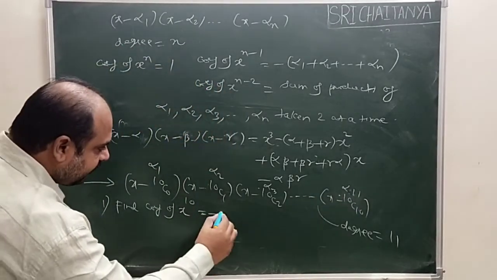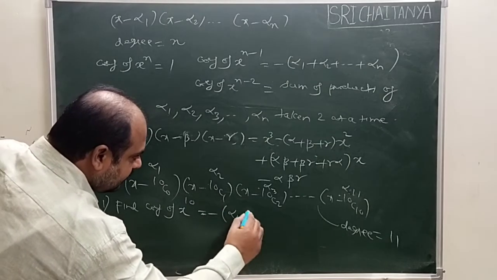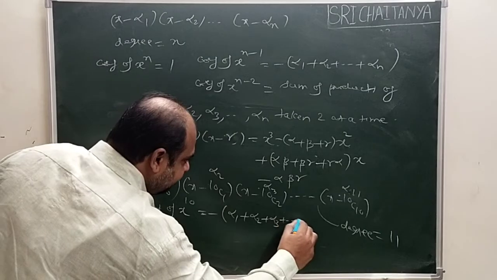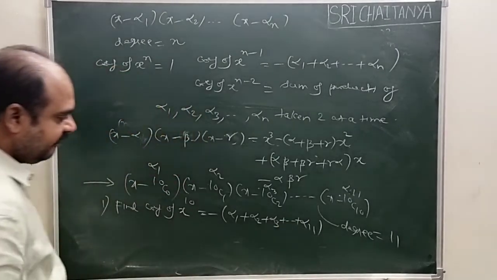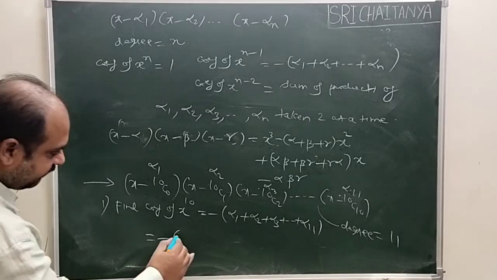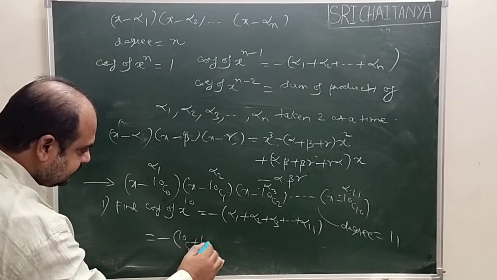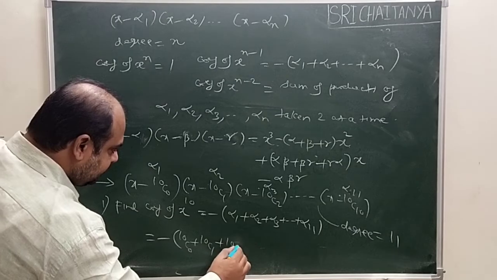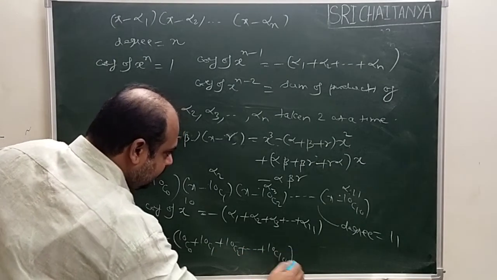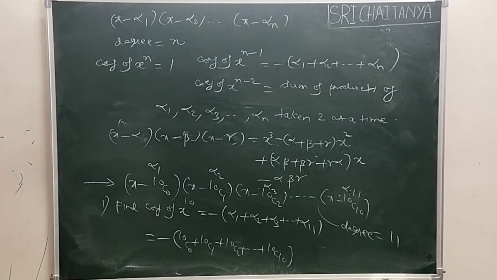What is the sum? Minus of alpha 1 plus alpha 2 plus and so on up to alpha 11, that means minus of 10c0 plus 10c1 plus 10c2 and so on up to 10c10.